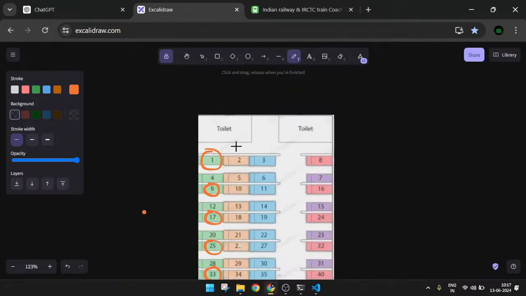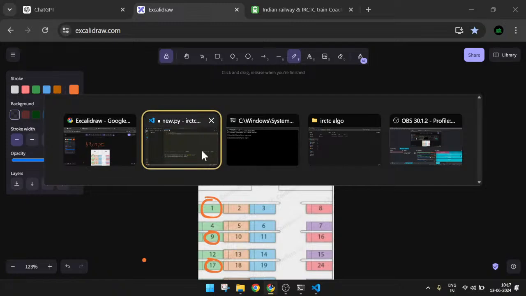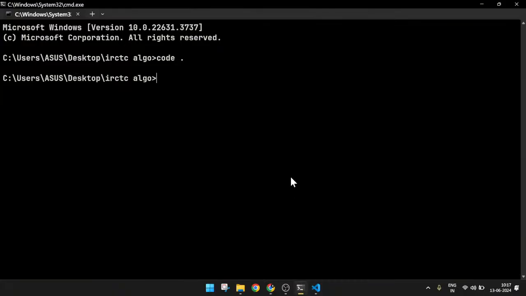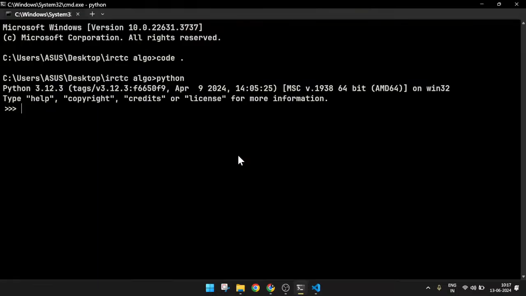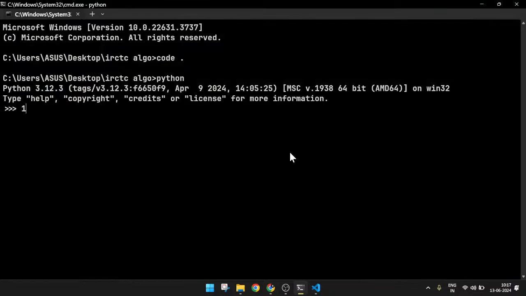So what are the numbers? 1, 9, 17, and 25. What's the difference between these numbers? So what I'll do is open a Python shell here. It has a difference of 8.